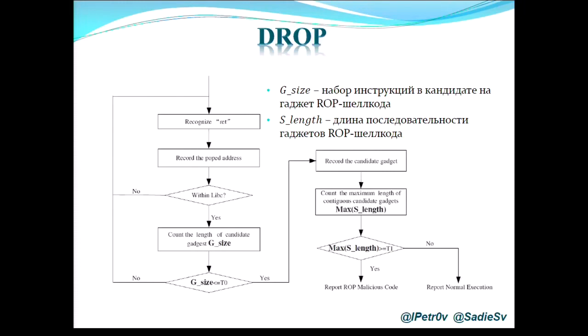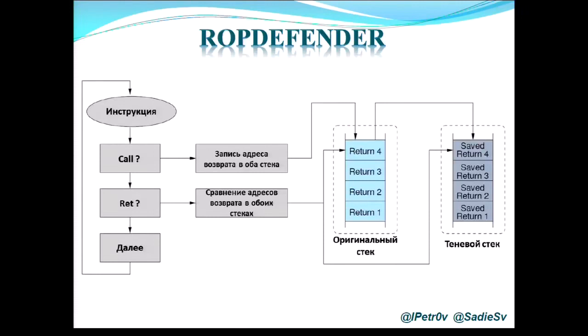In other words, when we speak about ROP shellcode, we are not localized only in one library or in one limited address space of the executable process, because ROP shellcode construction is a very complex process, and nobody will jump from one memory space to another memory space. So the same way they are looking at the distribution of addresses after transfers to ret instructions. So this is the main trigger to DROP. Will it be a ROP shellcode or not?